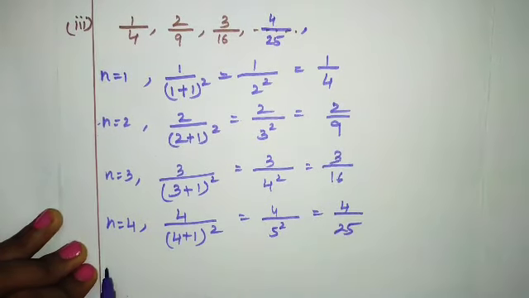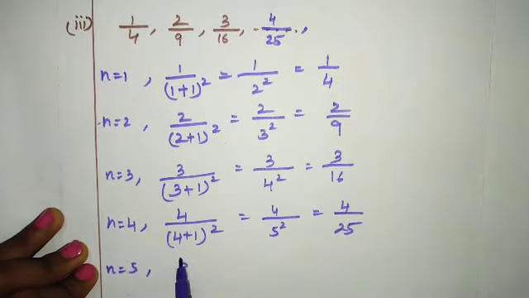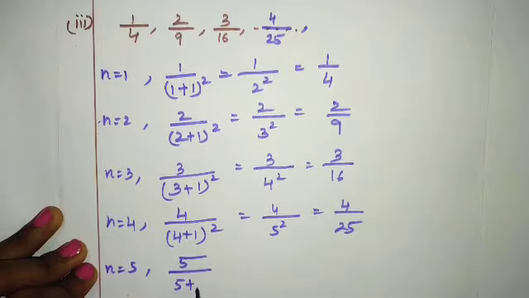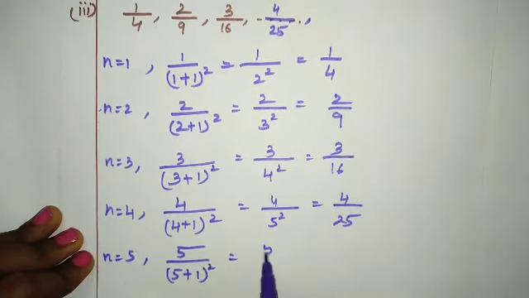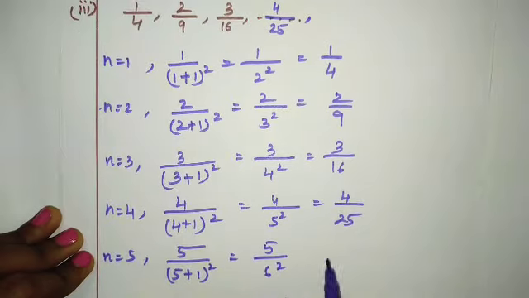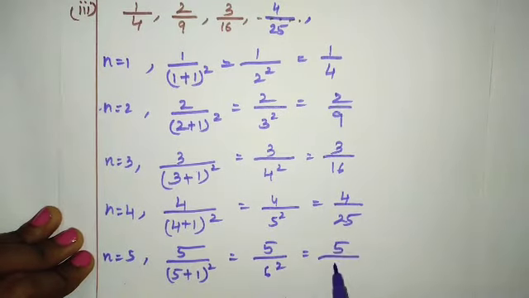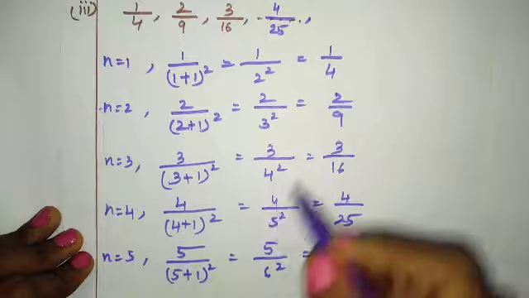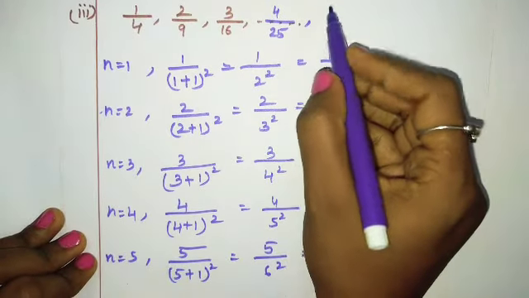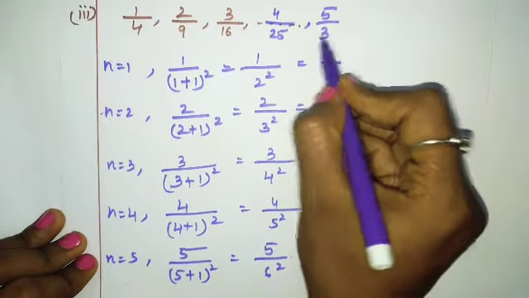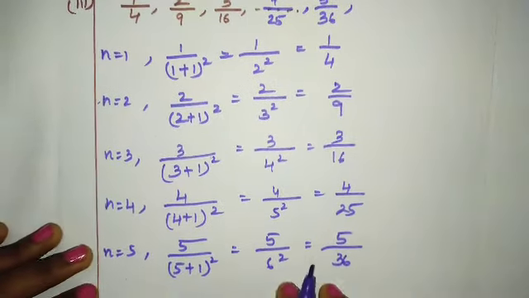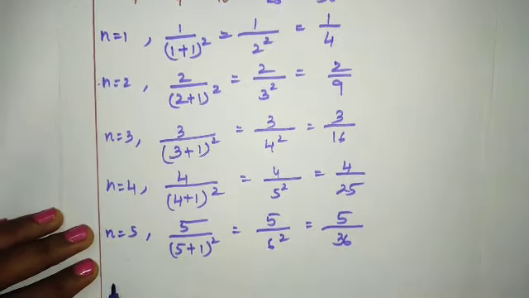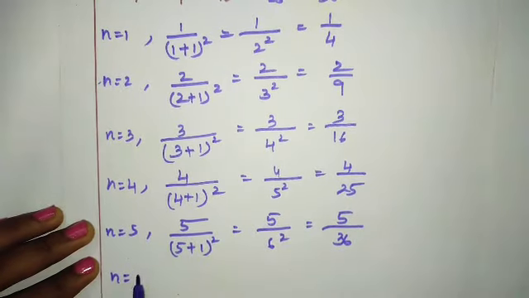Okay. So now n as 5. So 5 divided by 5 plus 1 whole square. Correct? 5 plus 1 is 6, 6 square is 36. So your next number should be 5 by 36. Now the next n should be 6. So n is equal to 6.